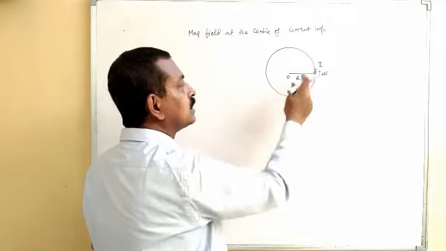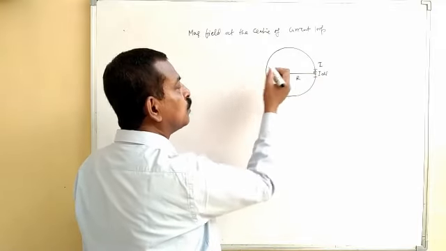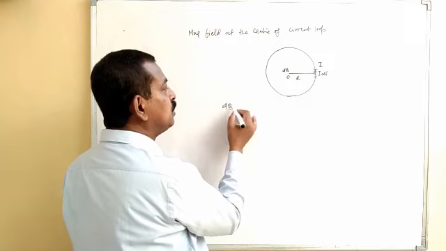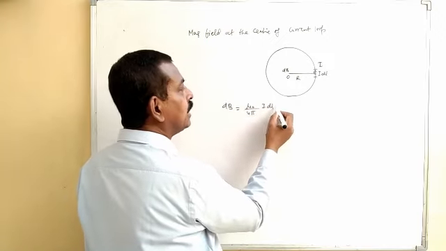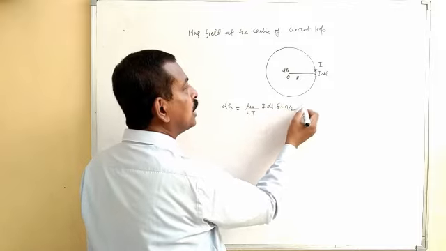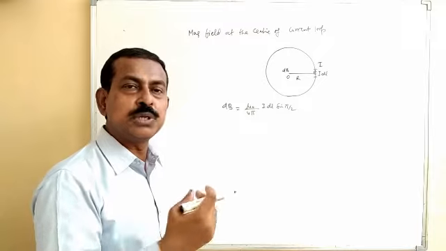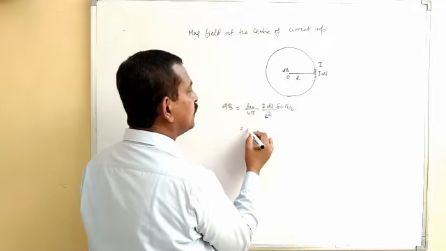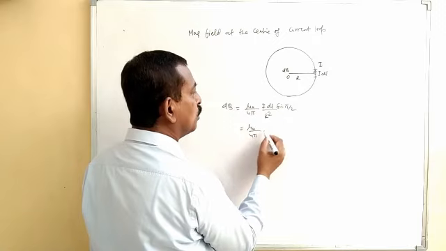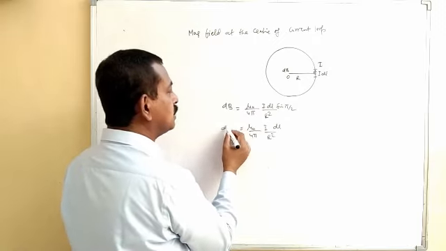So in this case, magnetic field due to the current element at the center, suppose it is your dB. So dB will be equal to mu naught by 4 pi I dl sine pi by 2, because the angle between current element and the line joining current element to observation point is 90. So this divided by r square. So this is your mu naught by 4 pi I dl by r square. This is dB.